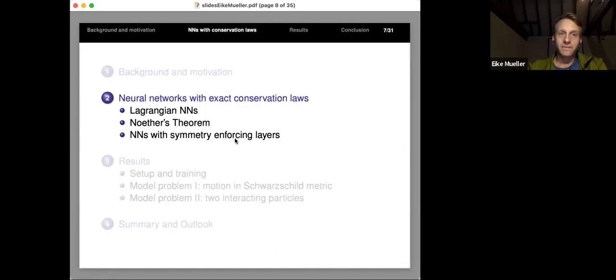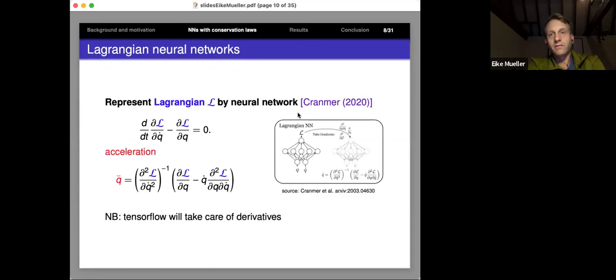Okay, so let me now come to the main ideas. The first thing I want to talk about is this idea of a Lagrangian neural network. This is from a paper from 2020. The idea here is that instead of learning this function phi, which takes in position and momentum or velocity and gives us the acceleration directly, we learn the Lagrangian of the system.